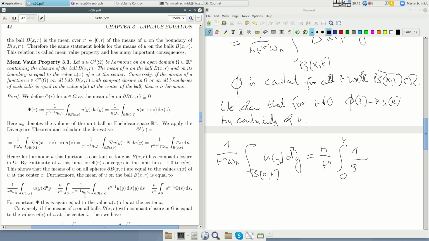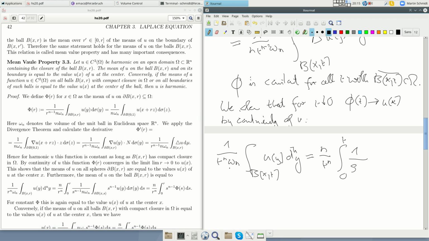Since we want to put in n omega n s to the n minus 1, the integral over the means over the boundaries of the balls with radius s, u of y d sigma of y, and then integrate over s, ds.